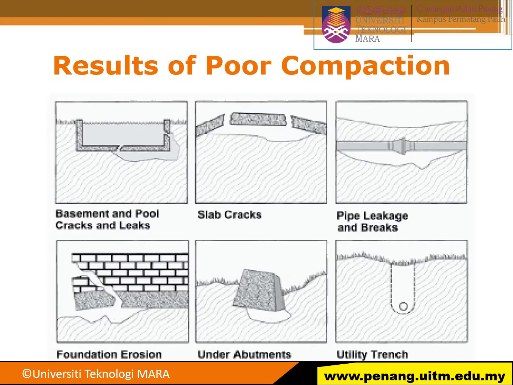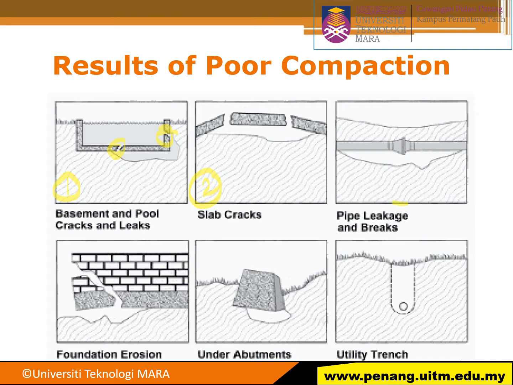Alright. Look at the result of poor compaction. Right, you will see here, this is the first one. You will see the basement and pool cracks and leaks. Right, you see here, leakage and leaking happen. Alright, so this is another example. Slab cracks. Okay, when we have poor compaction, there will be settlement and slab cracks.